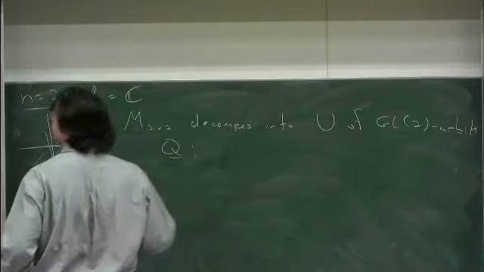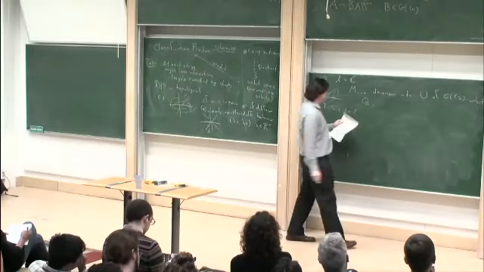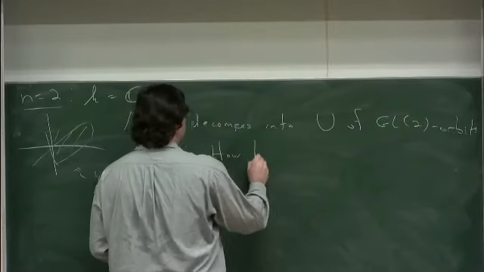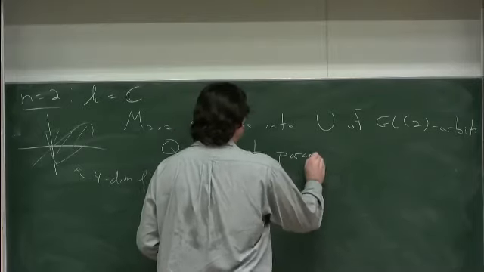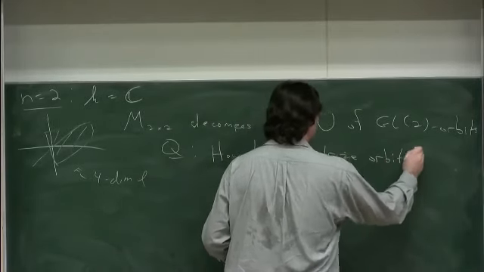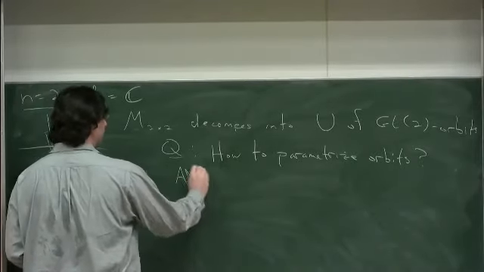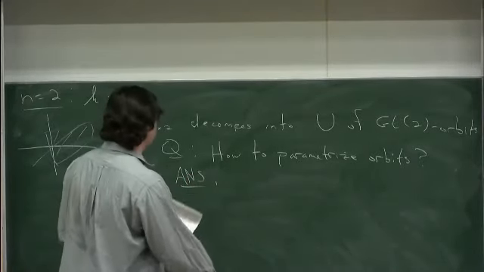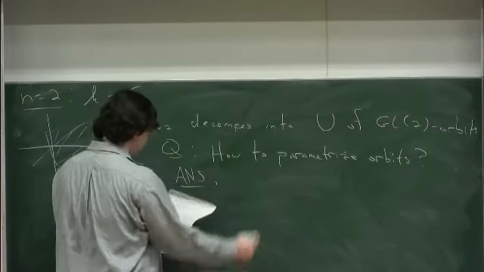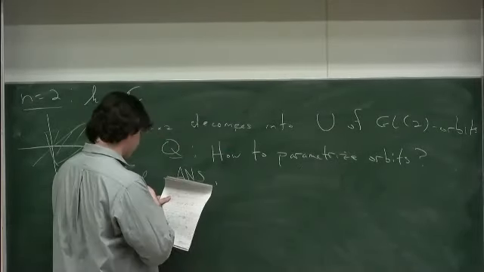But the crucial question here is, how do we parameterize the orbits? And the basic idea, your first step might be that we want to parameterize them by using functions. So in particular, we want to separate different orbits with invariant functions.